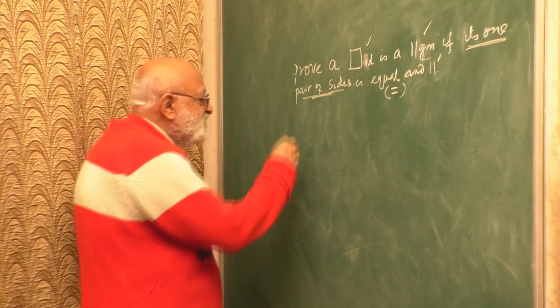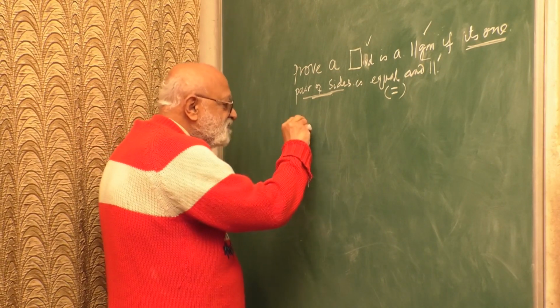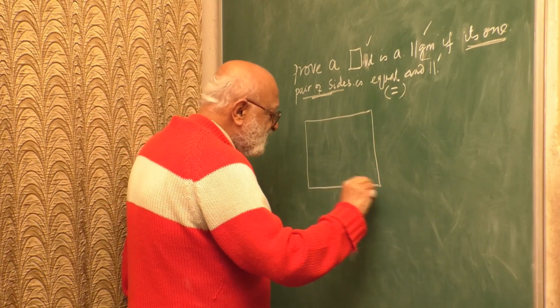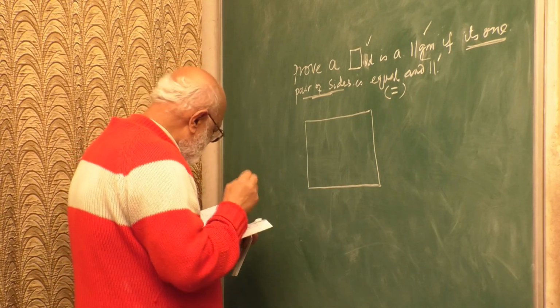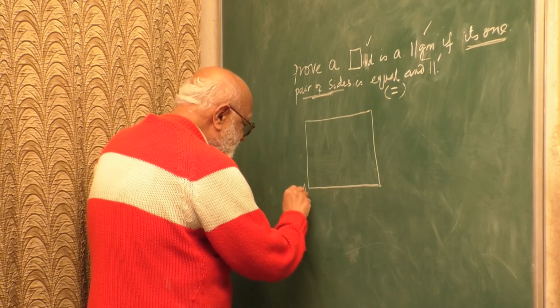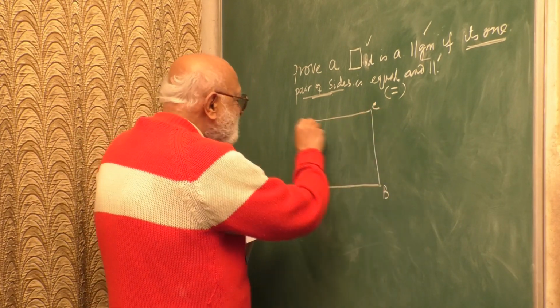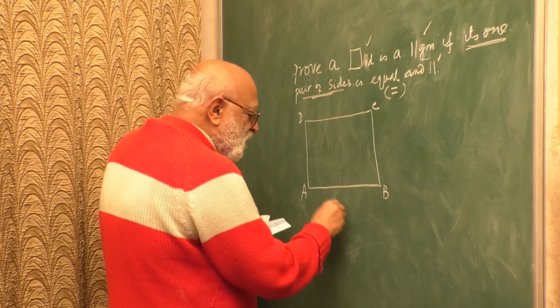That means what is given? So let me draw a quadrilateral first. So let us say this is the quadrilateral. As usual, I will start with A, B, C, D, but you have to use a particular order.